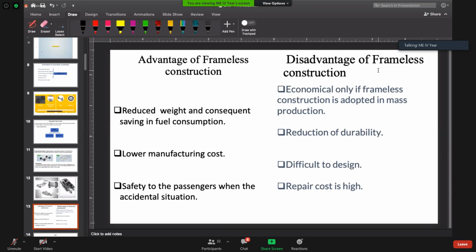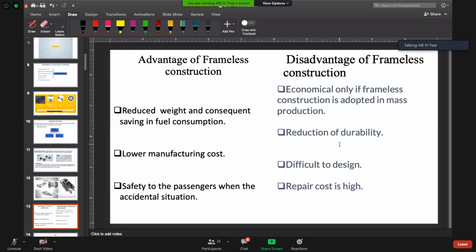Now we will see the disadvantages. Economical only if frameless construction is adopted in mass production. Okay, when we will adopt the mass production, then only it will be economical. Reduction of durability. Why there will be reduction in durability?